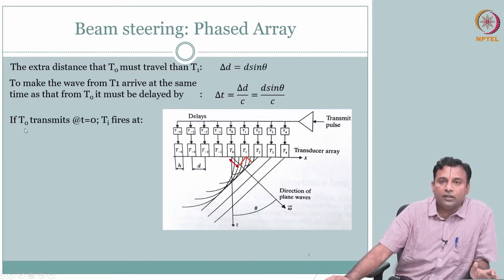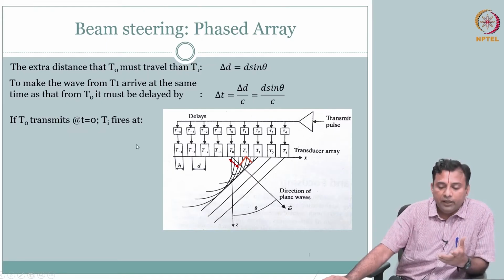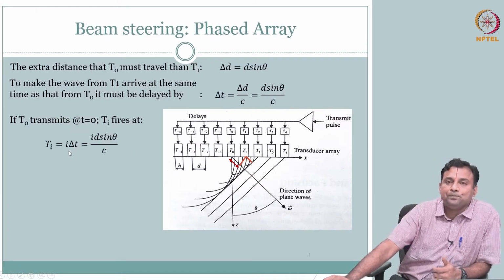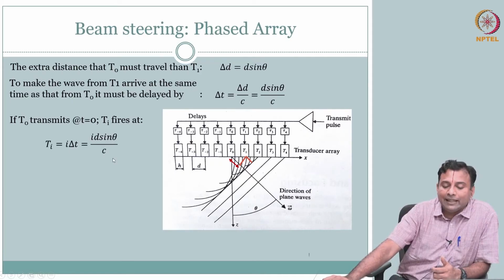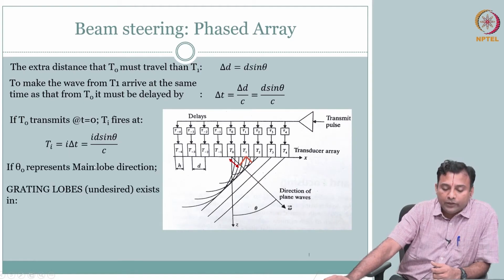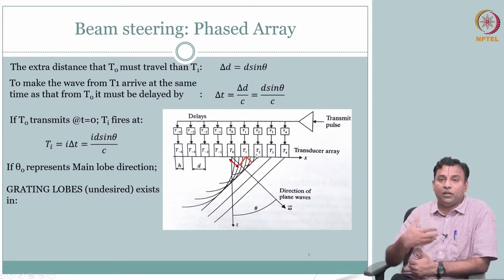So if T0 transmits at t equal to 0, Ti fires at, we can generalize that, i delta t. So it is i d sine theta by c, clear? So this is your time delay. So if this is the main lobe, you have accomplished steering.